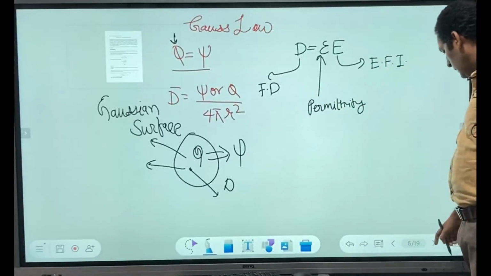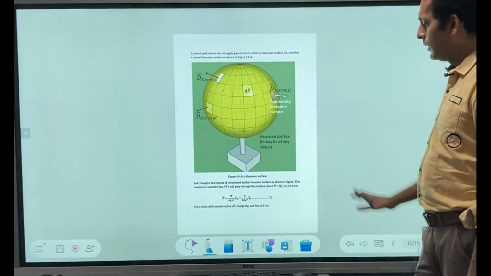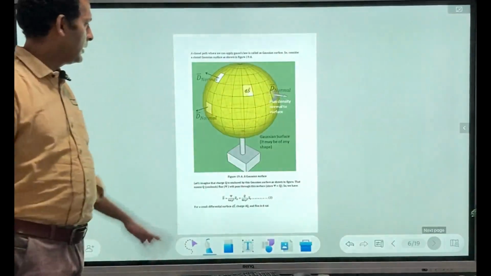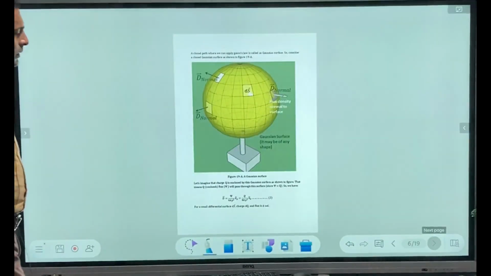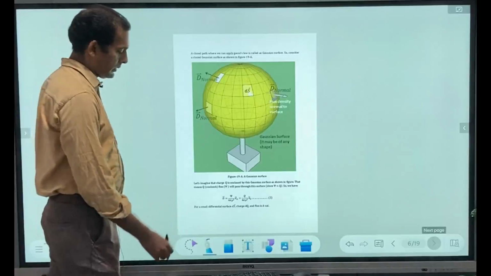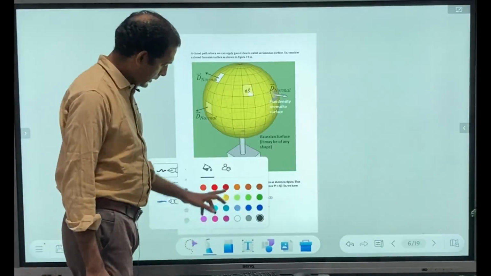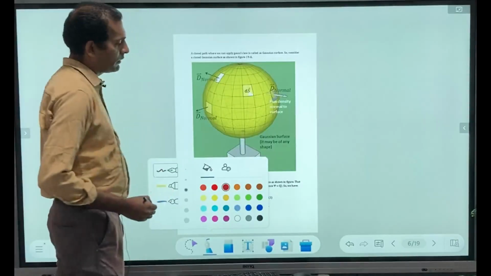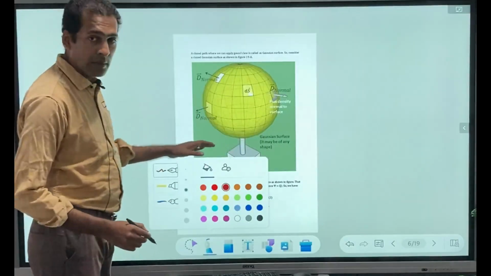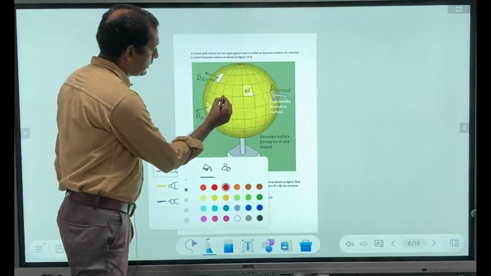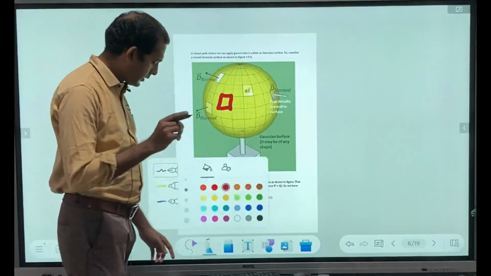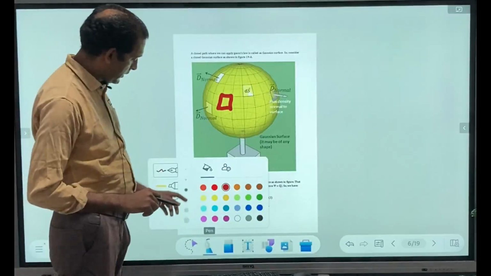So let us see more about Gaussian surface. Now this image we can consider as one example of Gaussian surface. Now what we can observe here, that flux lines are coming out of the surface. If we consider this sphere and the differential surface in the form of some chunks of small differential surfaces.